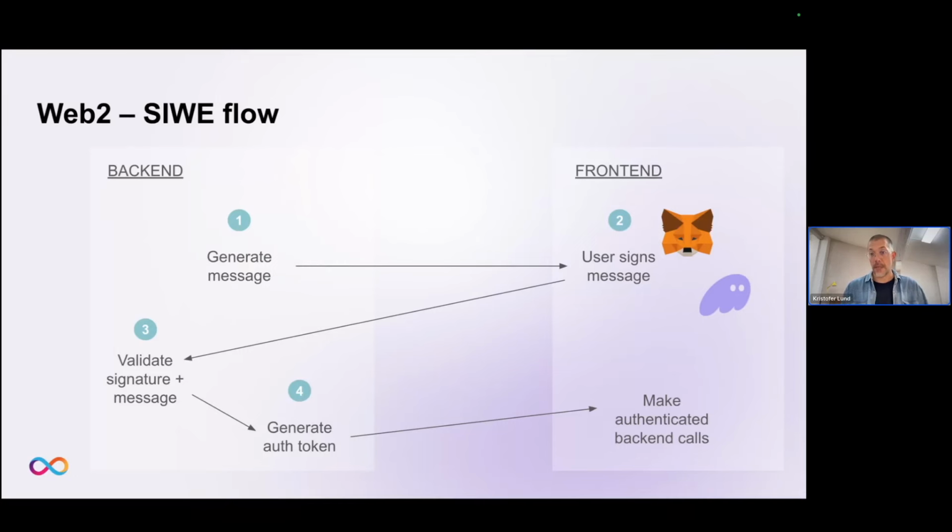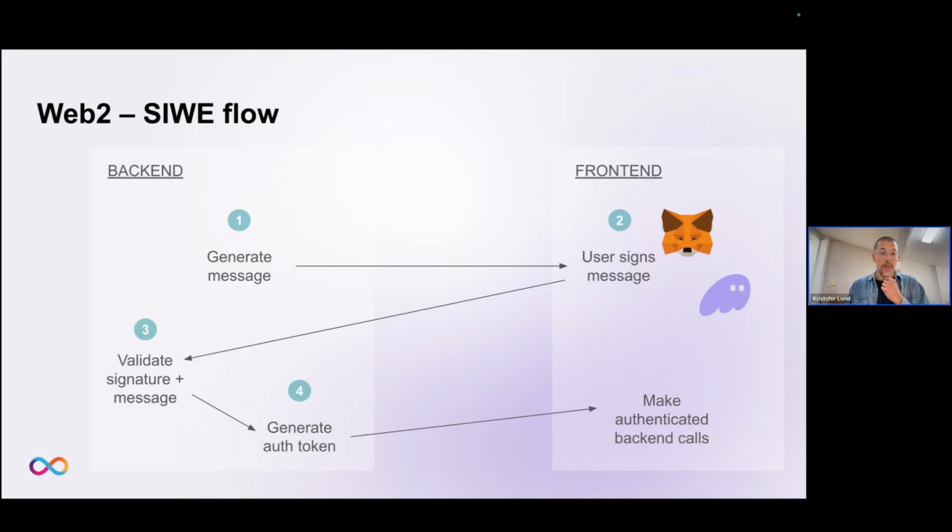The second step is that the user in the front-end application signs this message with their blockchain wallet, MetaMask for Ethereum, perhaps, or Phantom for Solana, or some other wallet that supports this standard. Or basically, they can sign it with any wallet that supports Ethereum or Solana.